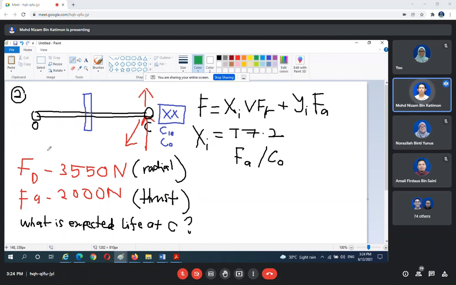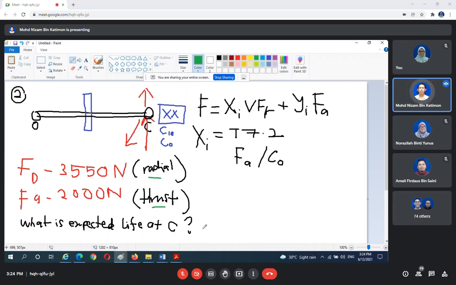In our case, remember just now it is case number 2. We know the bearing, and we know all the load, radial and thrust load. We want to know what is the expected life.